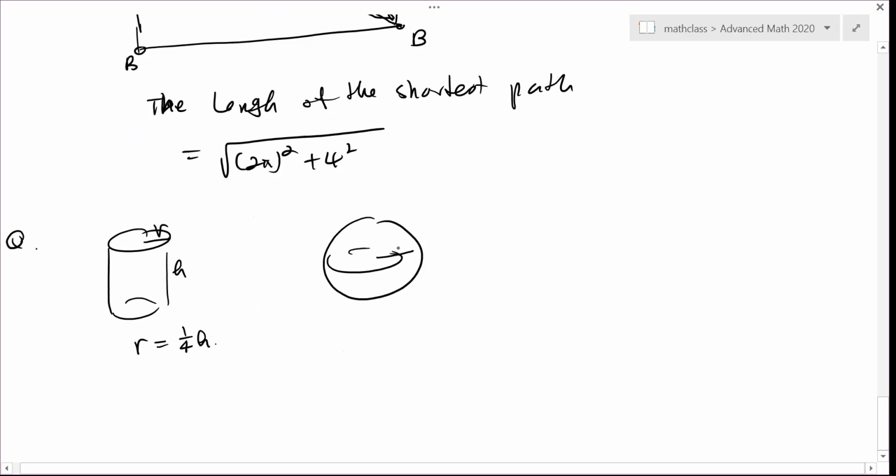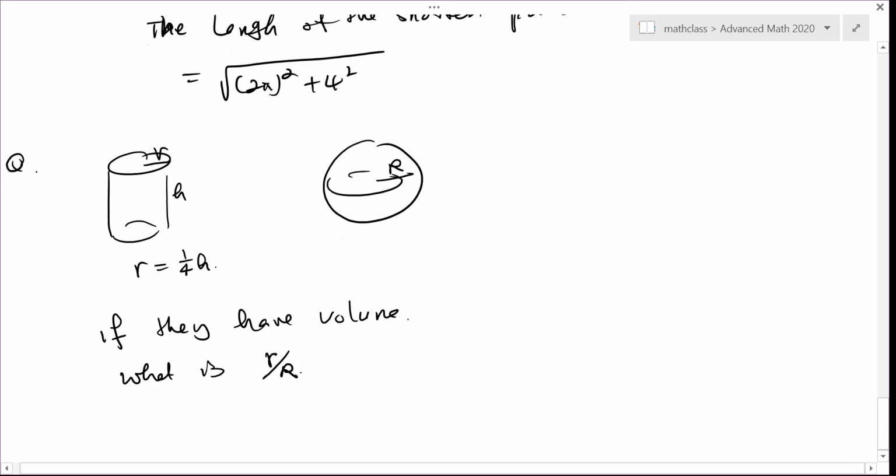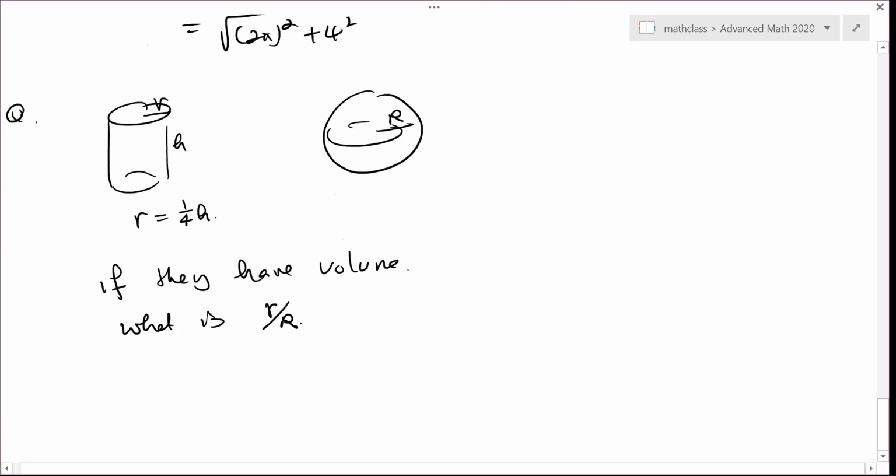And this is also the radius, capital R. So if they have the same volume, what is the ratio of the radius, little r over capital R?